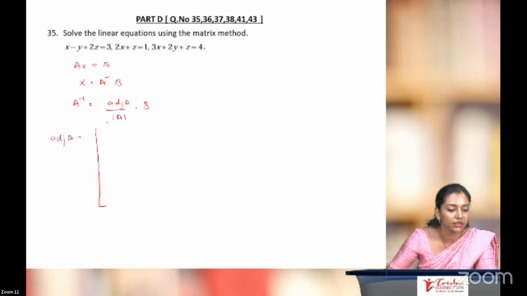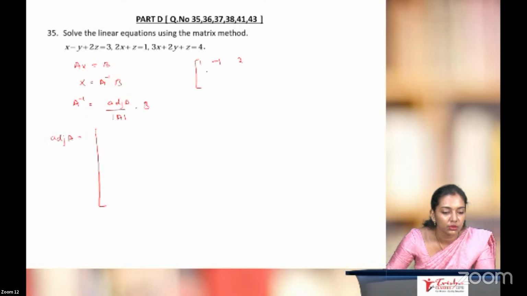First, let me write it in matrix form. You have matrix A, the coefficients of x, y, and z. That is 1, minus 1, 2, then 2, 0, and 1. The y term is not there, so we put 0 there.